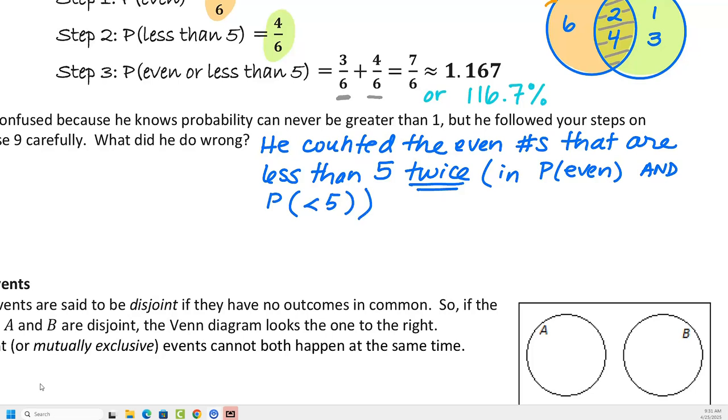Does that make sense? Because the 2 and the 4 were counted in the probability of even, and the 2 and the 4 were also counted in the probability of it being less than 5. So now you've counted those numbers twice. And that's why it went over 100%.